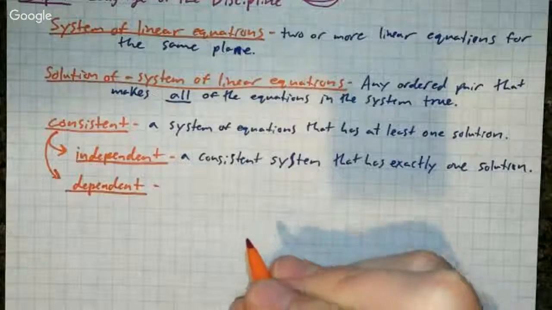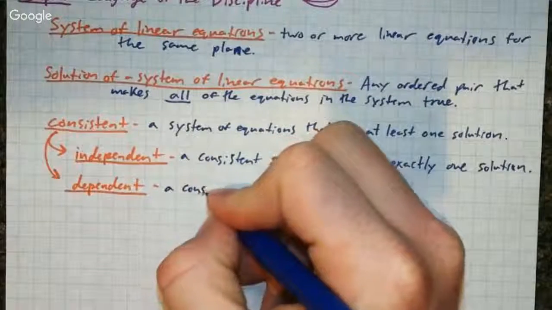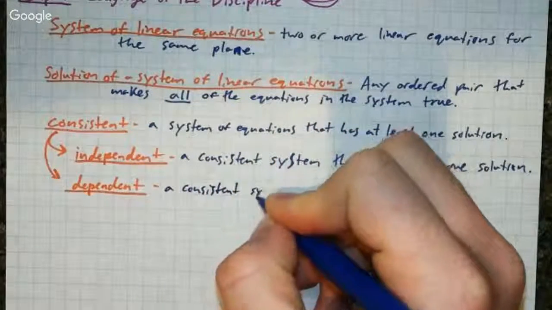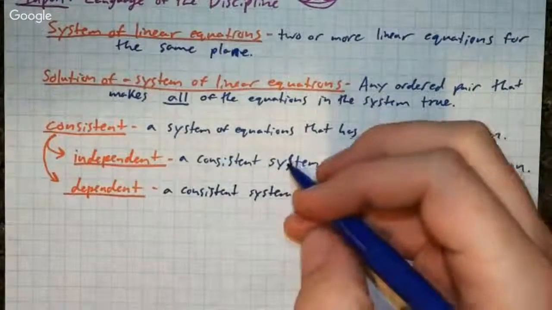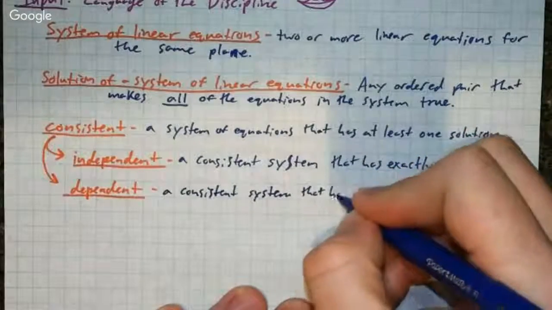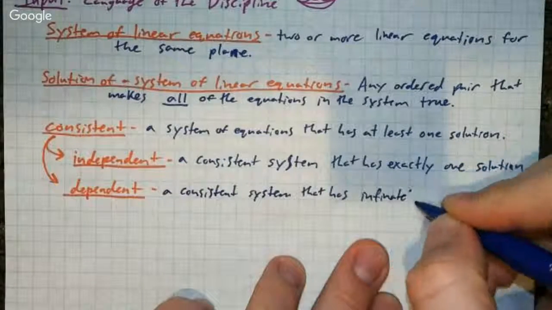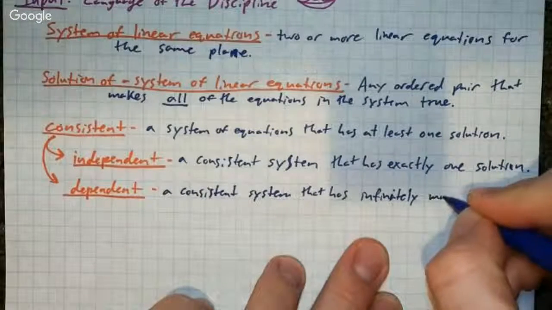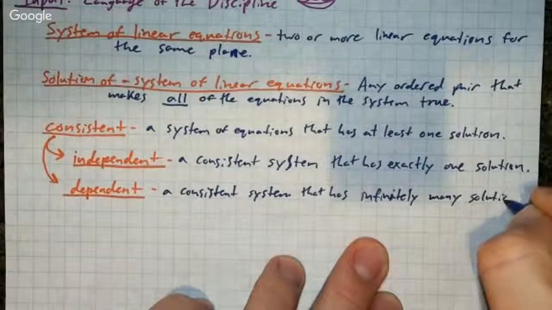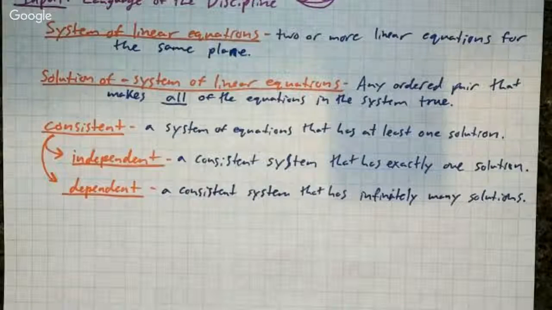And dependent, you can probably guess, but it's a consistent system that has infinitely many solutions. So independent means there's exactly one. Dependent means there's an infinite number of solutions.